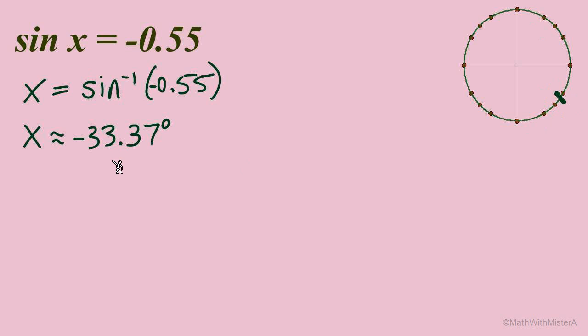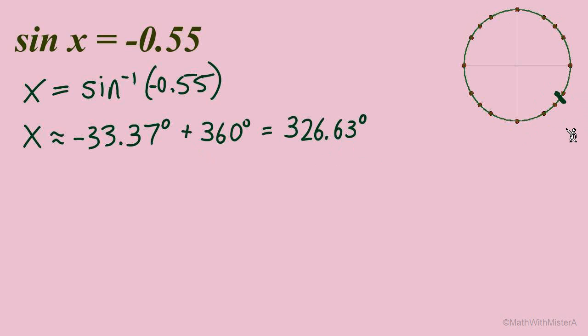So let's quickly take care of this negative angle measure. We make it positive by adding 1 complete rotation to it. Add 360 degrees. It will keep us on that exact same point, but now we have a positive angle measure, 326.63, which we definitely recognize as a value here in quadrant 4.